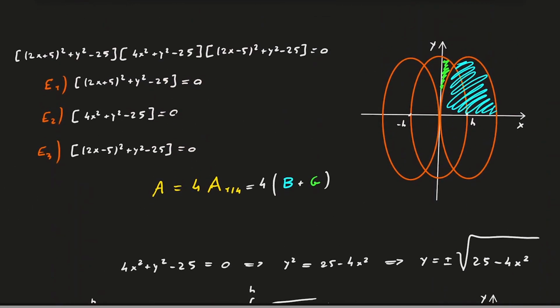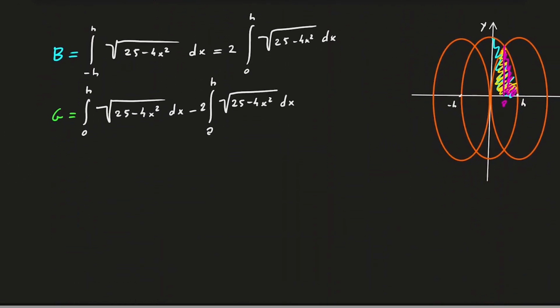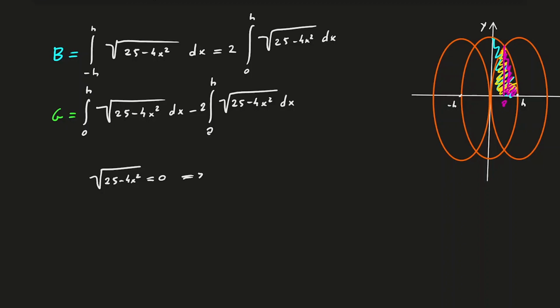Well, h is just when the function is 0. In other words, we have to find x such that 25 minus 4x squared equals 0. So we know that x equals plus or minus the square root of 25 divided by 4, and this equals plus or minus 5 over 2.